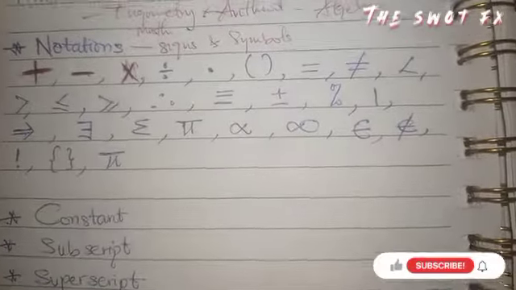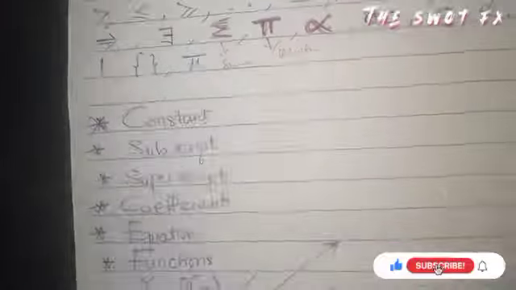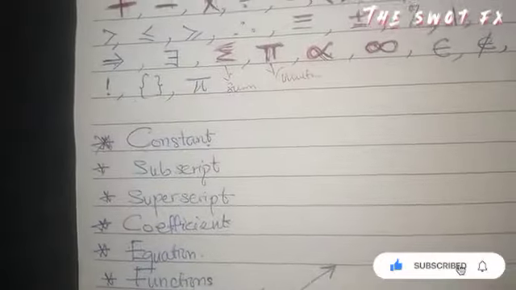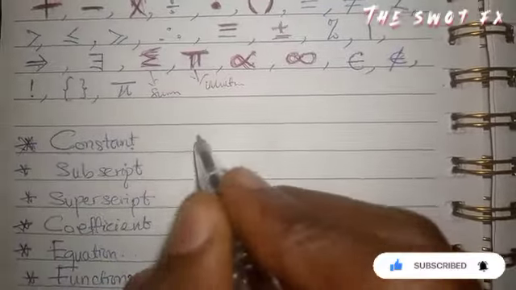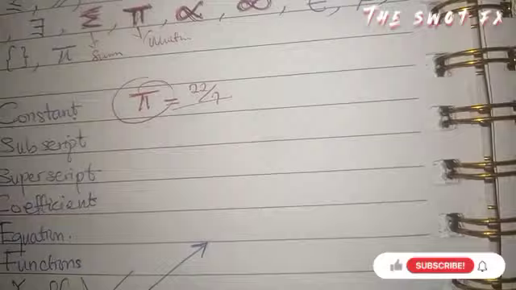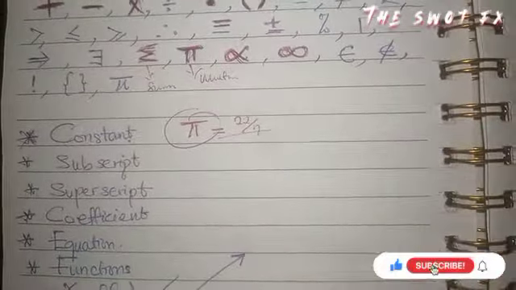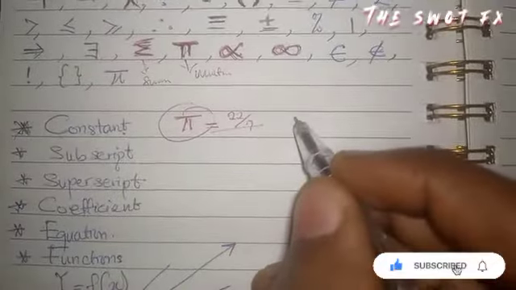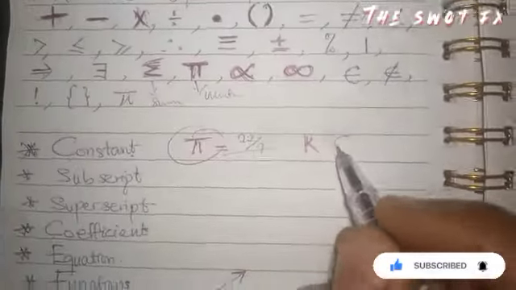Now, for a constant, take note, they cannot be changed. For example, pi is a constant in some formulas. Some formulas have their constants; some can be denoted with k, some can be denoted with c.